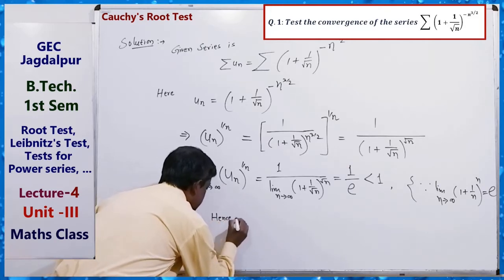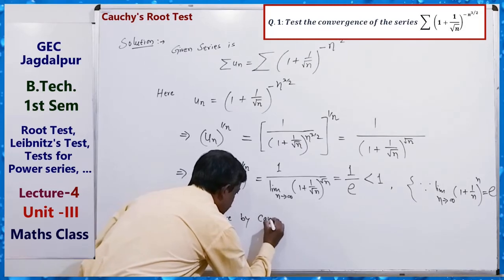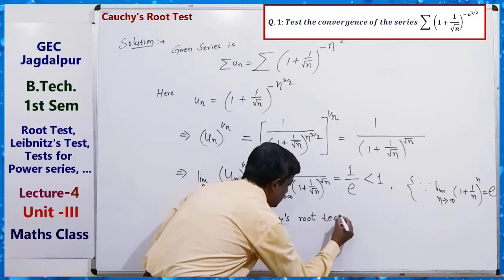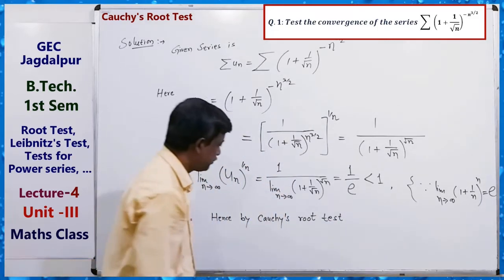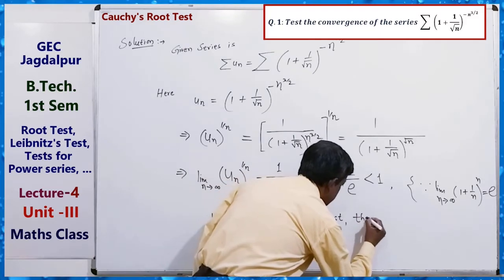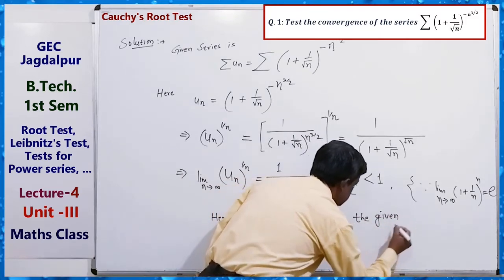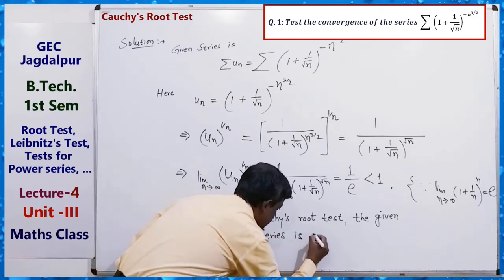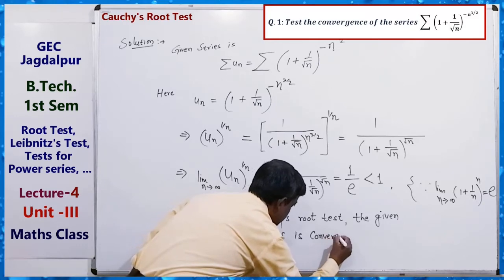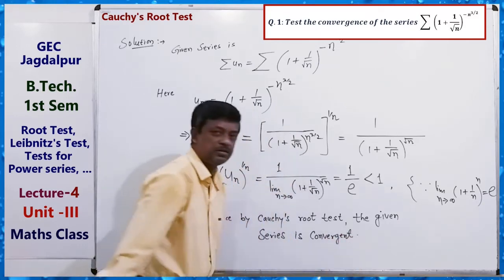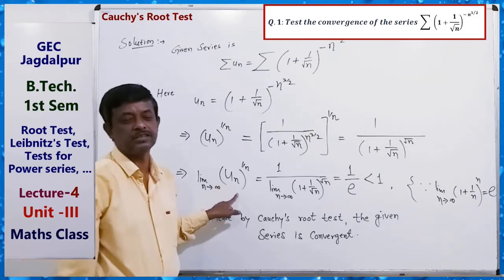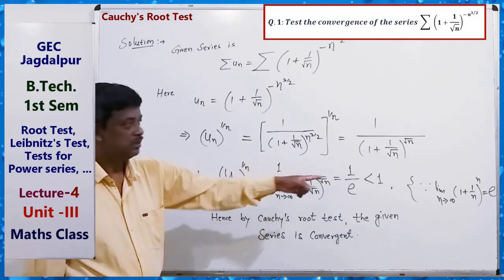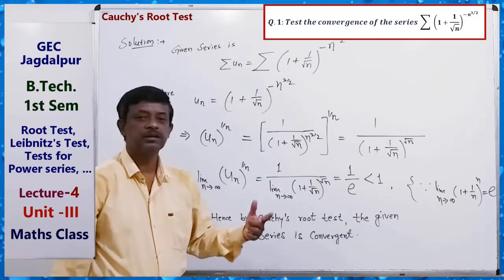Hence, by Cauchy's root test, the given series is convergent. Because if the limit is less than 1, then convergent; greater than 1, then divergent; equal to 1, then the test fails. Here the limit is less than 1, so by Cauchy's root test the series is convergent.